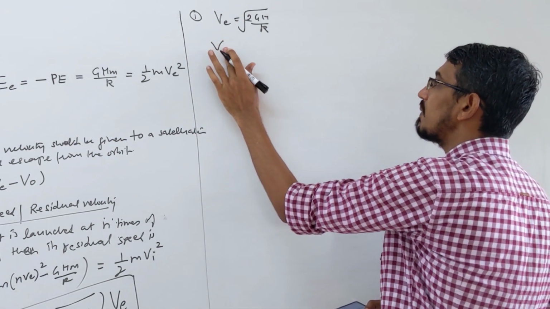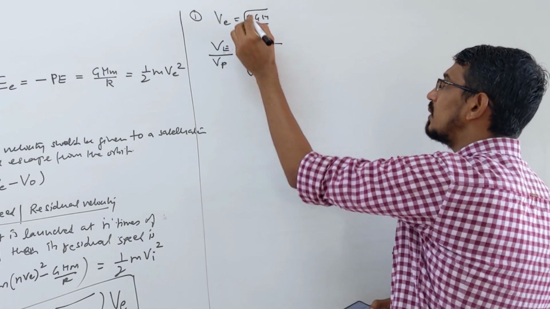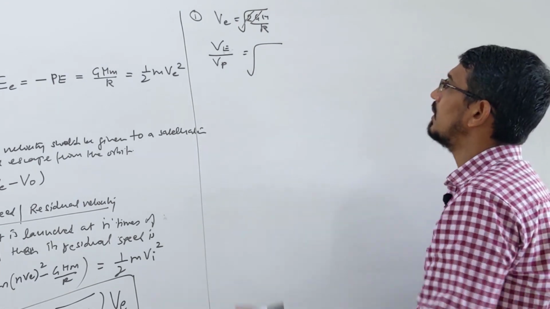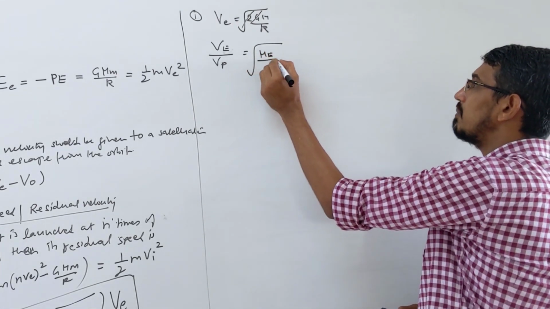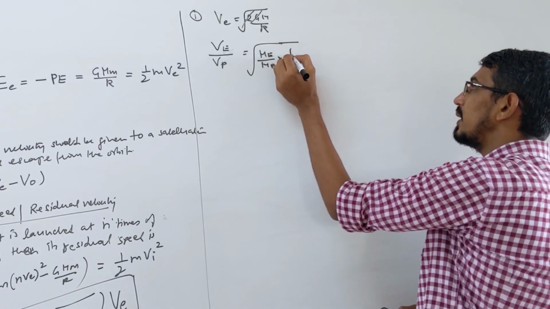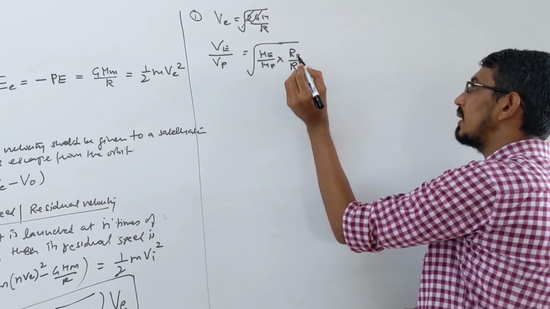The escape velocity of Earth by the escape velocity of the planet is equal to the square root of: 2 is a constant, G is a constant, and it depends on mass and radius. So it is the mass of the Earth by the mass of the planet, and inversely proportional to radius, so the radius of the planet by the radius of the Earth. Clear?